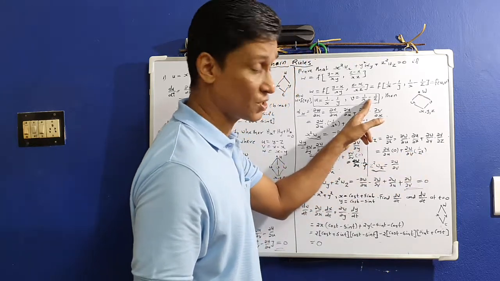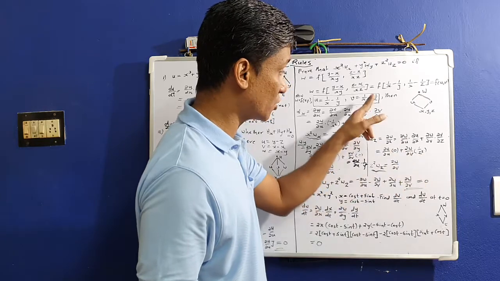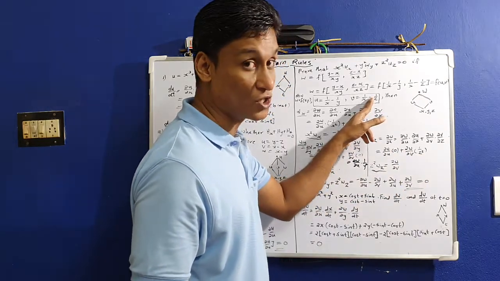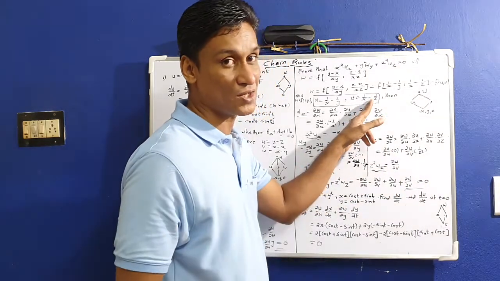∂v/∂z is again 1 by z², because here there is one minus. The differential of 1 by z is minus 1 by z².